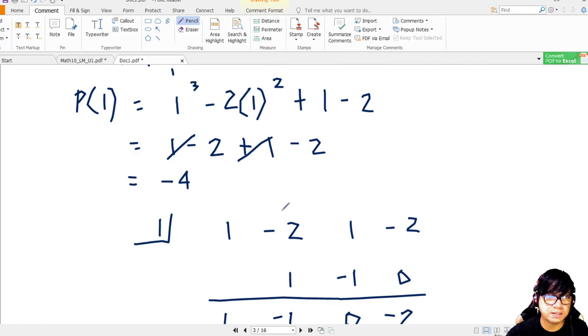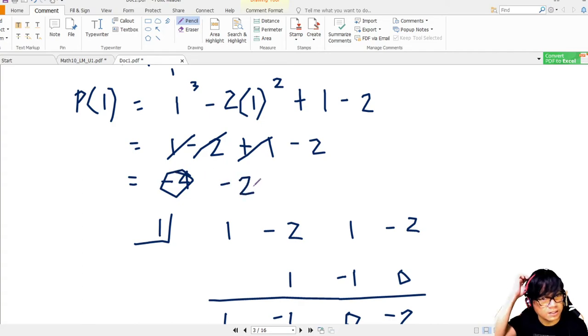Bakit iba yung sagot natin? Tingnan natin na negative 1, negative 2, 1, negative 2. Tingnan natin yung sagot natin dito. 1, this is negative 2, 1, negative 2. Okay. So, hindi pala ito siya. So, 1 plus 1 is 2. Minus 2, 0. So, naiwan pala is negative 2.